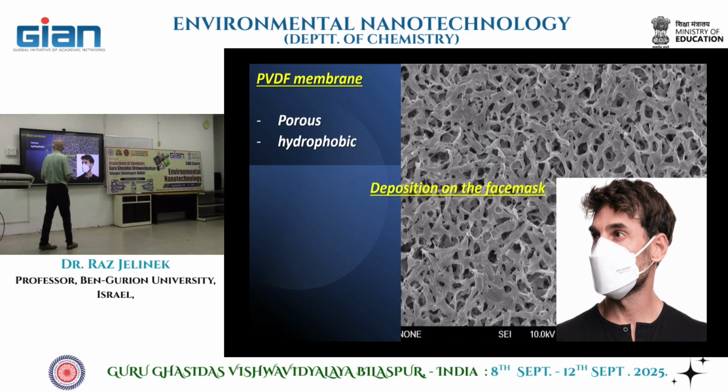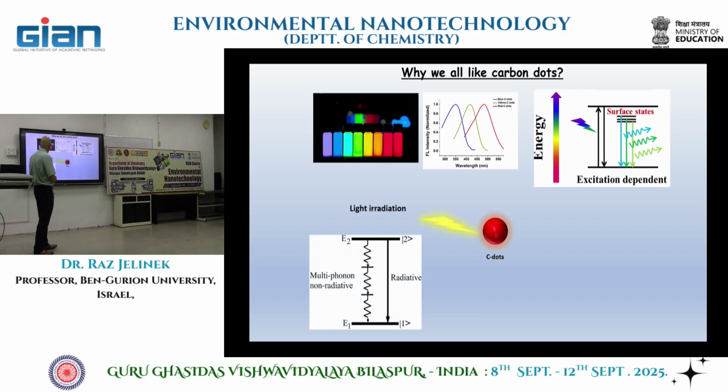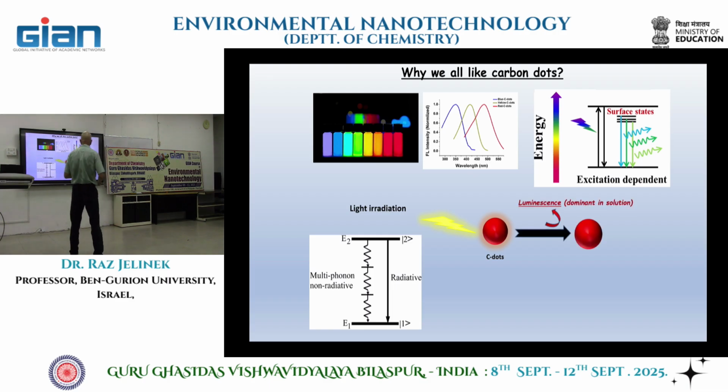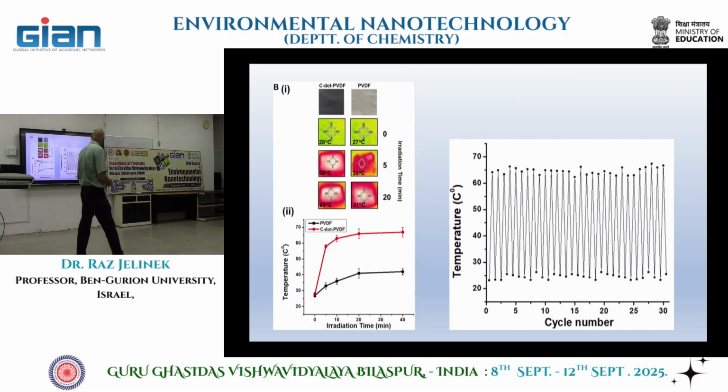So this is how it looks like. And again, the same story about photothermal effect of the carbon dots, the heat released upon shining light. And this is actually what we got. What we see here is the infrared camera.